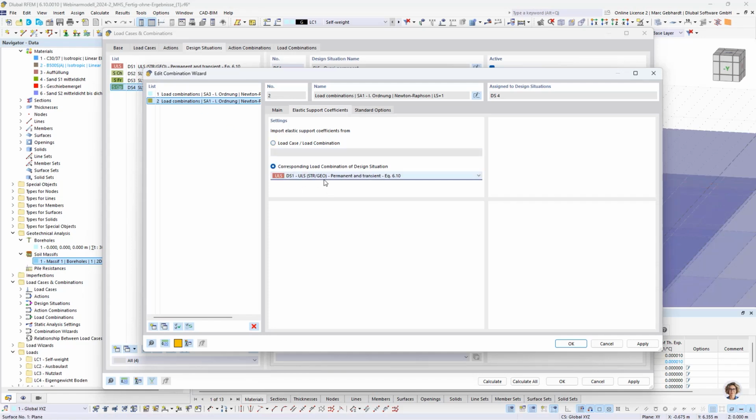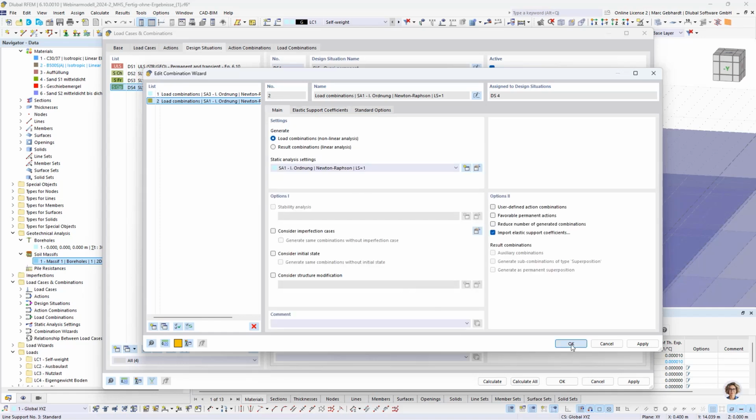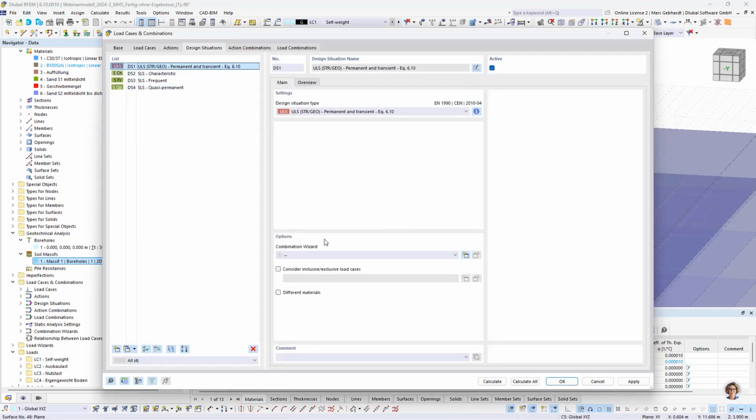So we're searching for the corresponding from quasi-permanent for all of them. Good, OK. Go here also to OK.